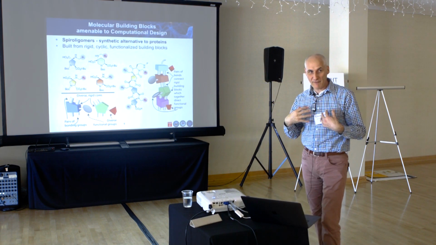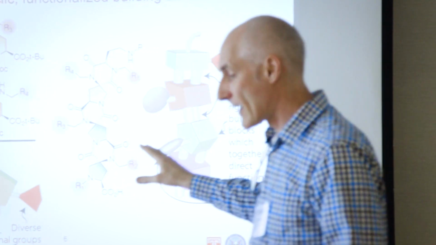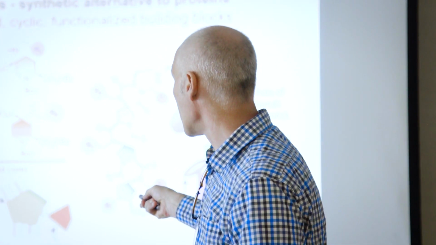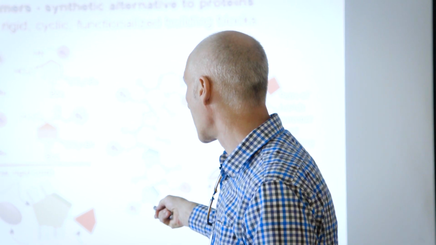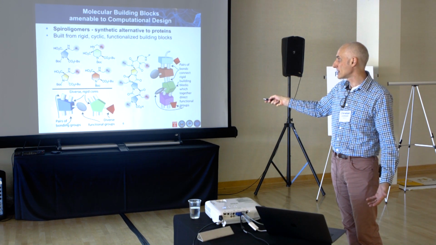The molecules that I have been developing to do this, I think are much more amenable to design than most other molecules that are out there, are these things. We call them spiroligomers. They're building blocks that have a cyclic core and then two amino acids, one on one side, one on the other side. We can hang a functional group off of each building block that's like the side chain of an amino acid.